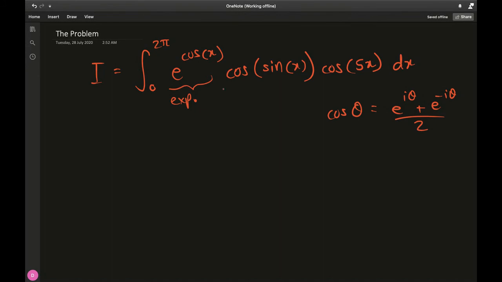Okay, so just because we have an exponential here, let's try to convert this cosine into exponentials to see if anything can cancel out, or if we notice any patterns. So integral from 0 to 2 pi of e to the cosine of x multiplied with, we have e to the i, and then whatever was inside the argument.